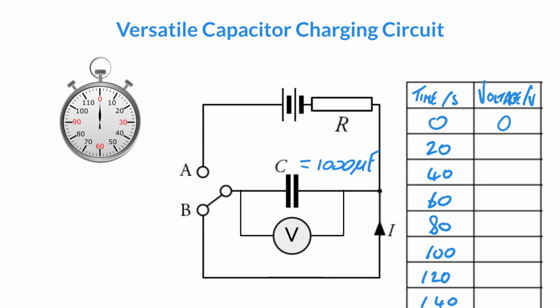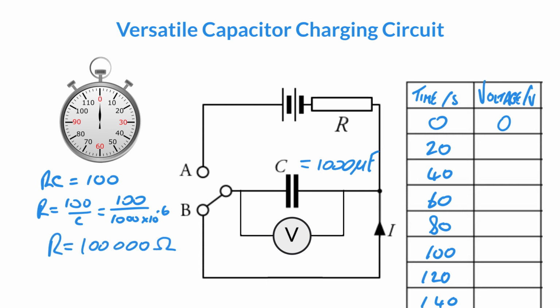So if we want RC to equal 100, then R is going to be 100 over C, and that's 100 over 1,000 microfarads. That gives us a resistance of 100,000 ohms, or 100 kiloohms. So this circuit would now be suitable for the table I have drawn up.